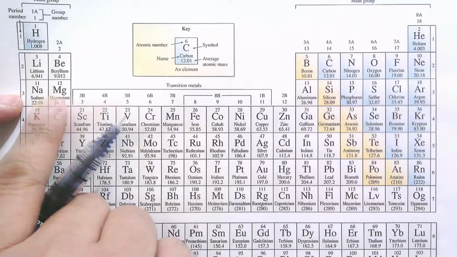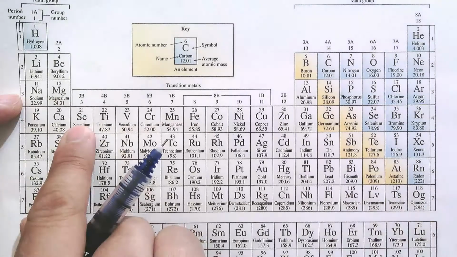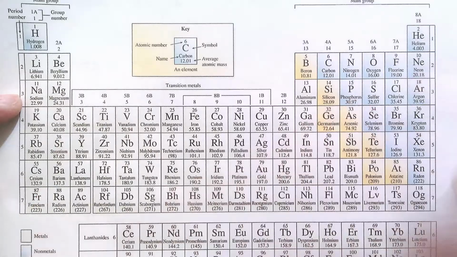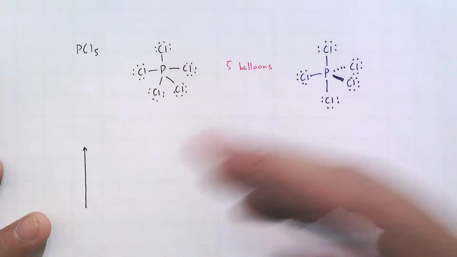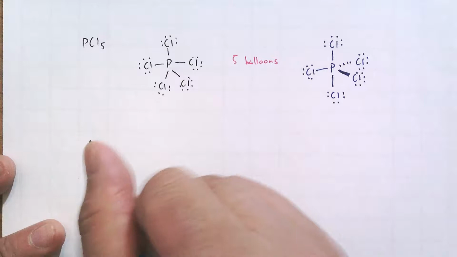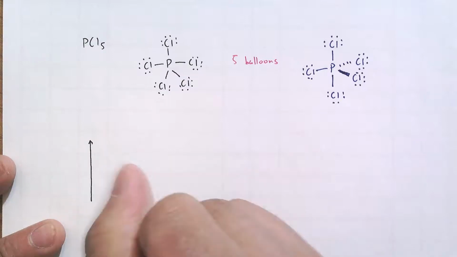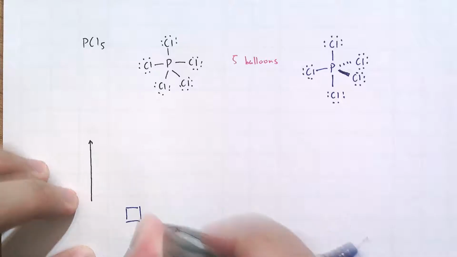It has 3p orbitals, but it also has access to the 3d orbitals, hence the hypervalency. So, instead of drawing the shapes, like the sphere for s and the dumbbell for p, let me use the box diagram. So this is 1s. Oh, no, not 1s. This is 3s. We're only looking at the valence shell.